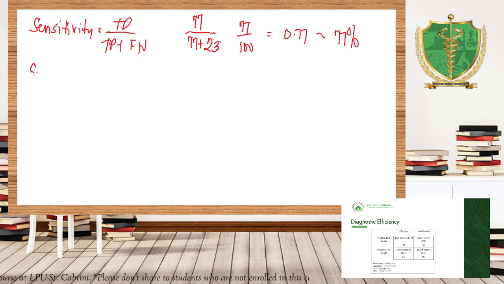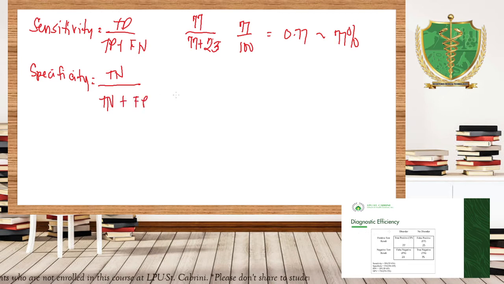Now, how about for specificity? Specificity is true negative divided by true negative plus false positive. We have true negative is 75 plus false positive is 25.